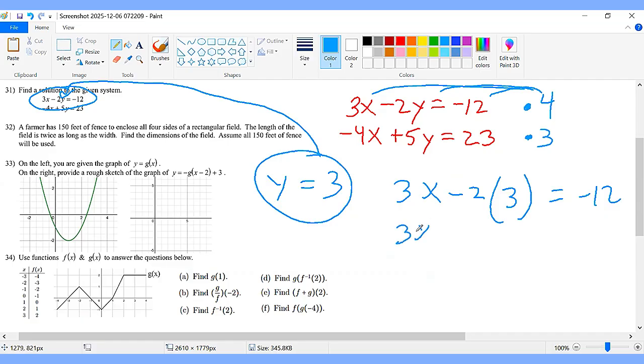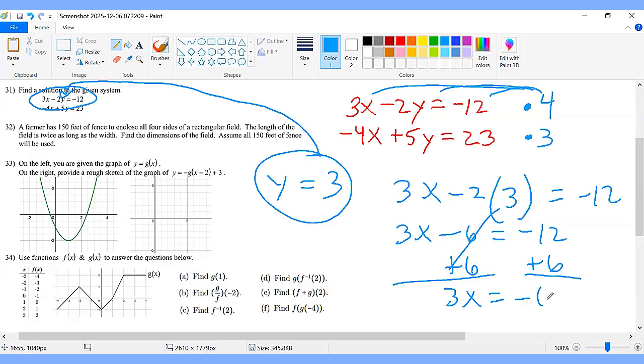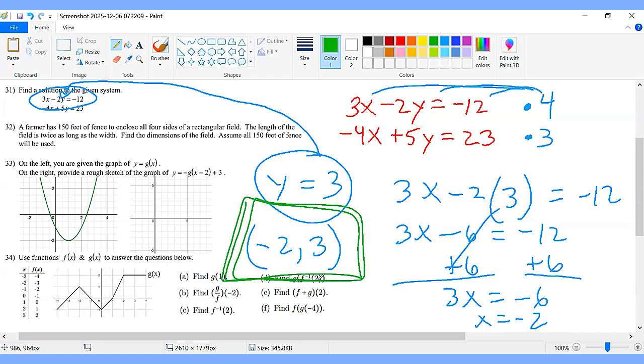So this is 3x minus 6 equals -12. Let's add the 6 to both sides. These cancel. 3x equals -6. Divide by 3, and x is -2. So we have our final answer, -2, comma 3. Try to write it as x, comma y in that order, and our answer is right there in green for number 31.